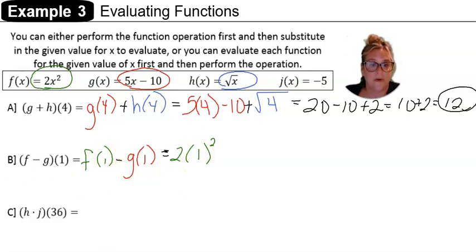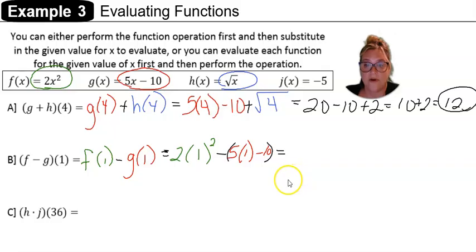Then we want to subtract, and since g of x is a binomial, we need parentheses around it. So that's 5 times 1, 1 in place of the x, minus 10.